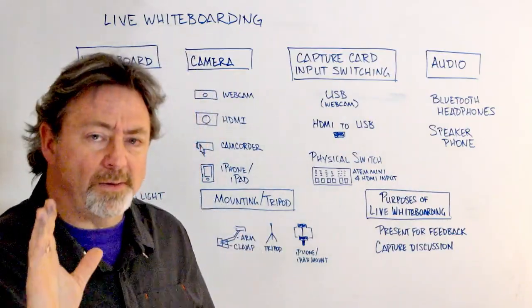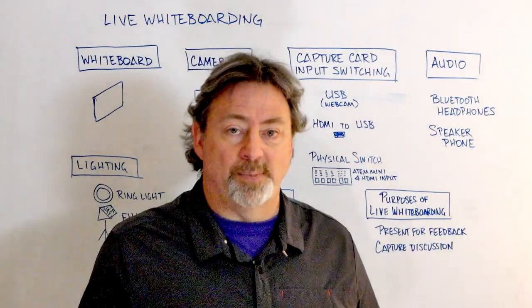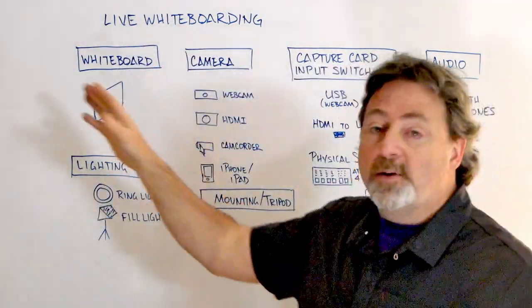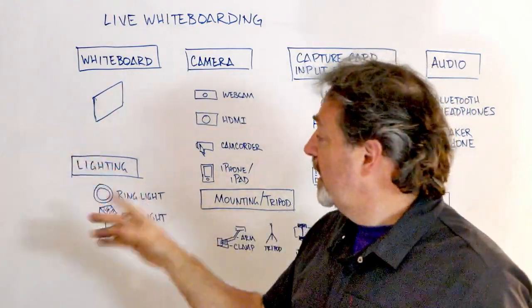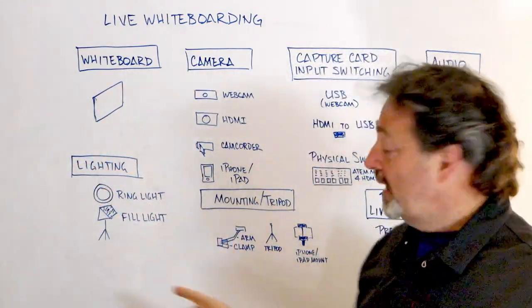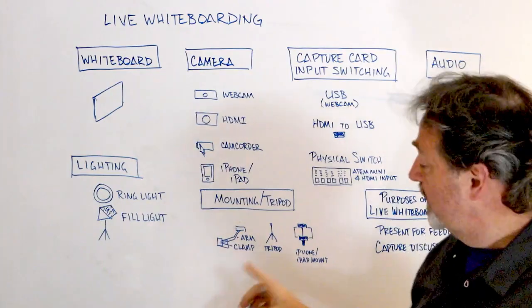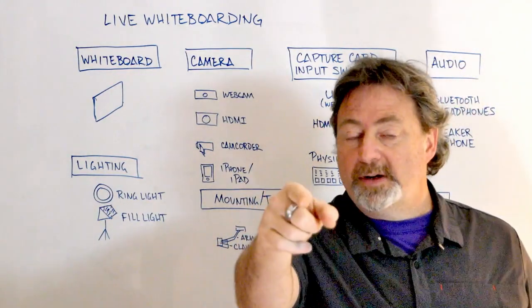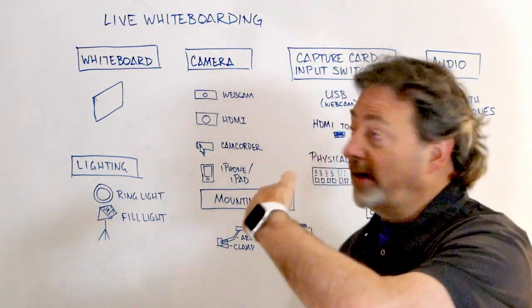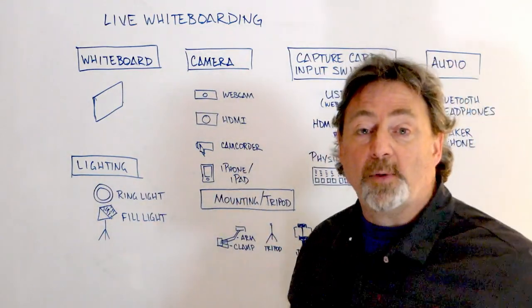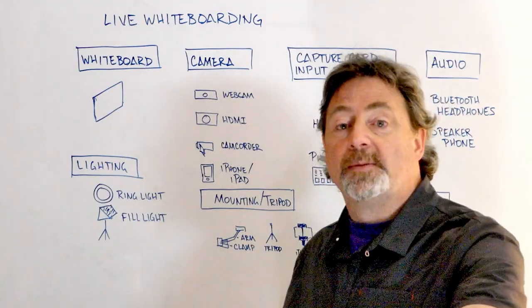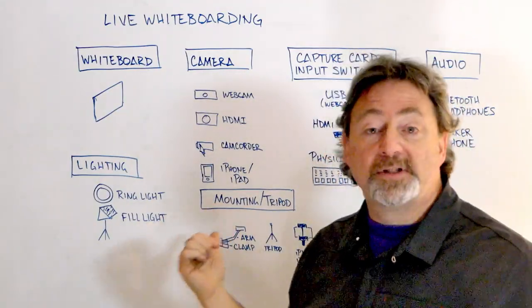So let's walk through one or two examples of this just to bring it home. All right, so I've got a whiteboard, right? I've got an iPad. I get some mounting arm that has an iPad mount on it. I put it up there and I can aim it at my whiteboard, and I can hit join a call, share my video, and people are seeing this.